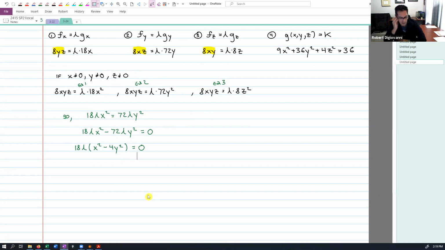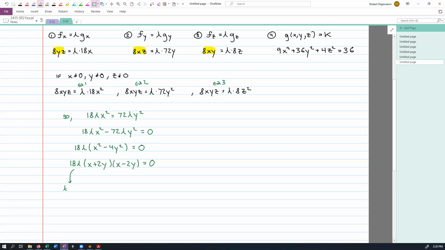Is this going to work? That's a difference of squares, isn't it? x squared minus 4y squared is a difference of squares, so I can factor that. And now I can set all of these equal to 0. So what are my 3 results of this? This tells me what?